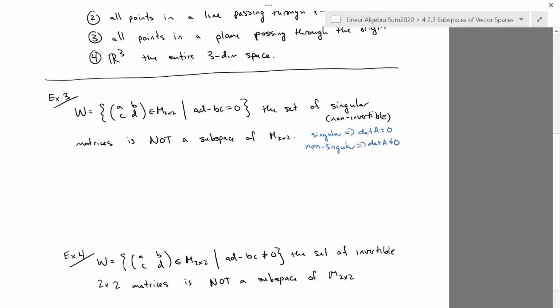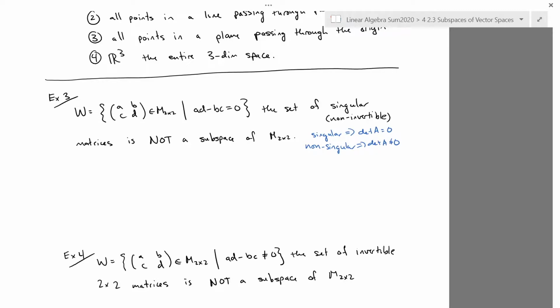Okay, so we want to show that it's not a subspace. So we need to show that it either violates condition 1 or condition 2. So in this case, it's going to violate condition 1, right? So we want to show that it's not closed under vector addition, right? So what does that mean?